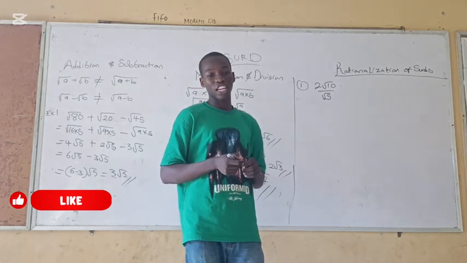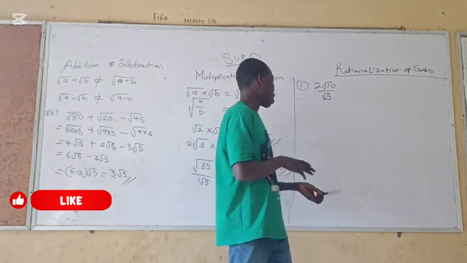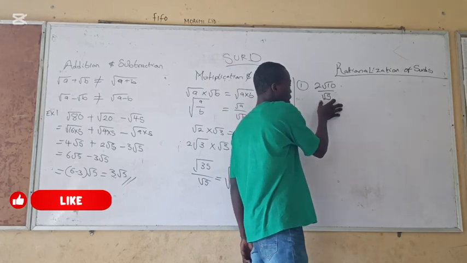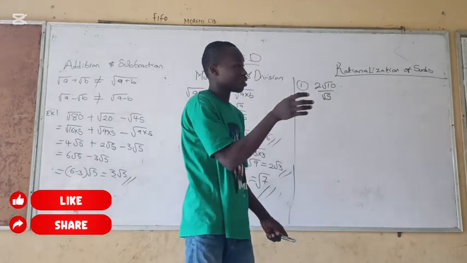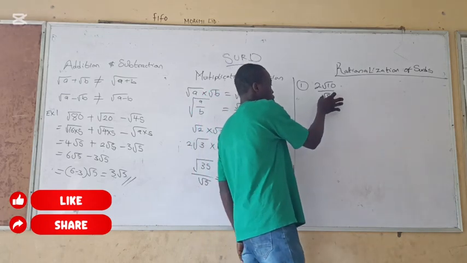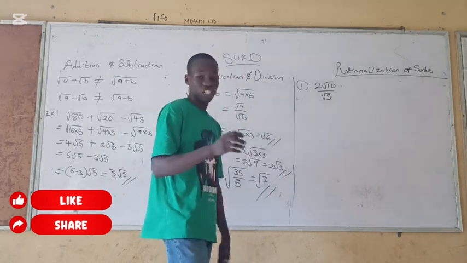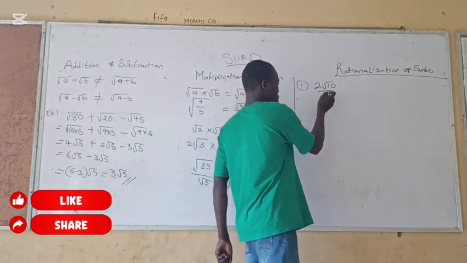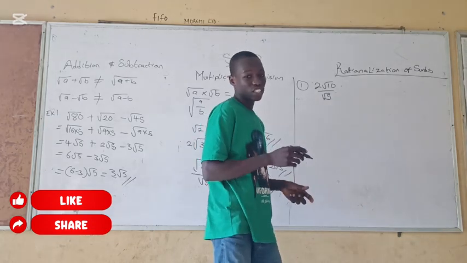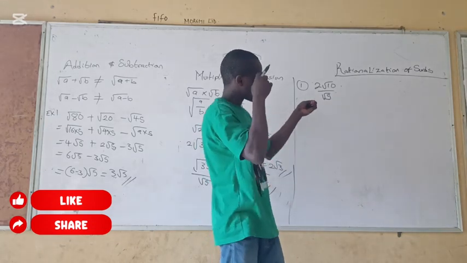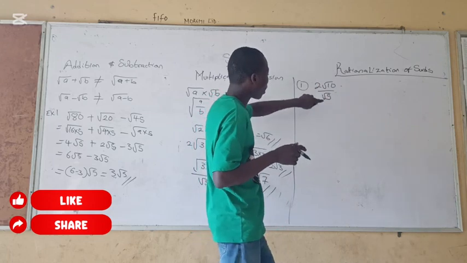Therefore, we are going to rationalize it because we want to remove this root 5 from the base. We want it to be just a number. We don't want any surd at the base of this fraction. That's why we rationalize.